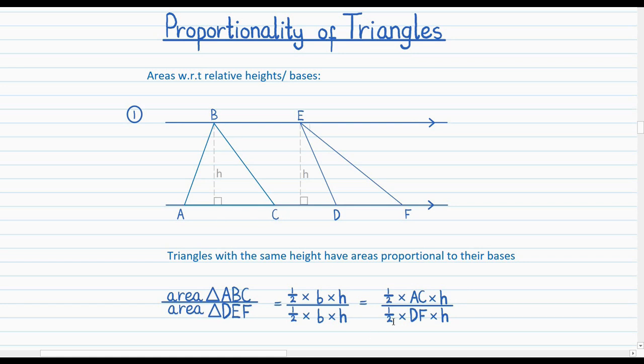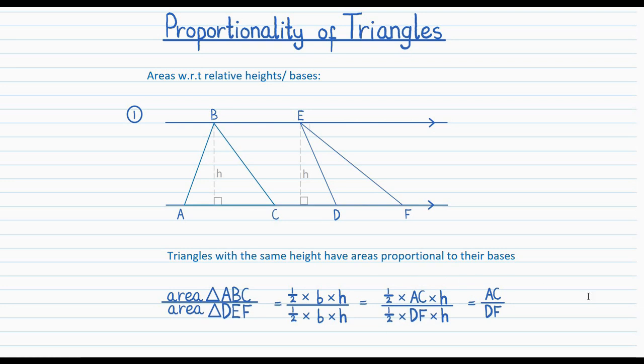And for DEF, it would be half times the base of DF times the same height as for triangle ABC, since both triangles lie between parallel lines. Therefore, the perpendicular height is the same. Then in this fraction, the halves would cancel out and the h's would cancel out, leaving just the ratio of the two bases. Therefore, triangles with the same height have areas proportional to their bases.